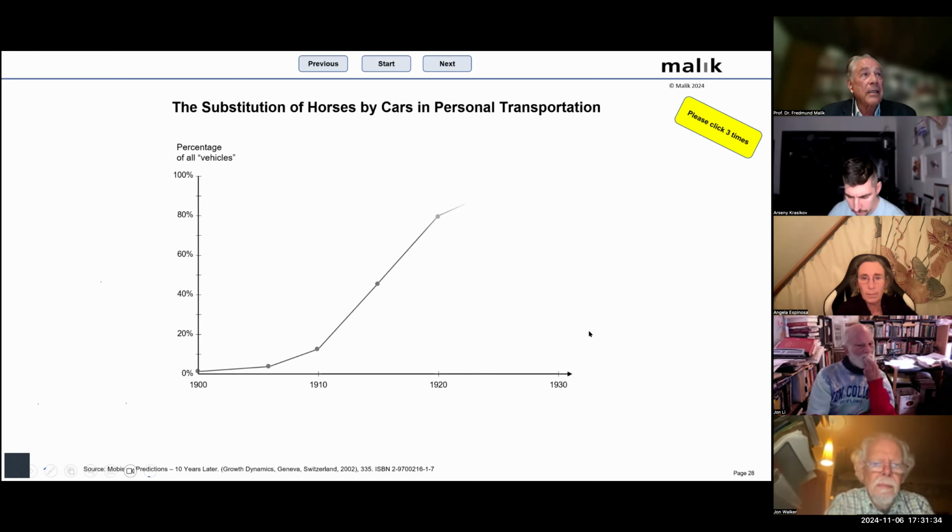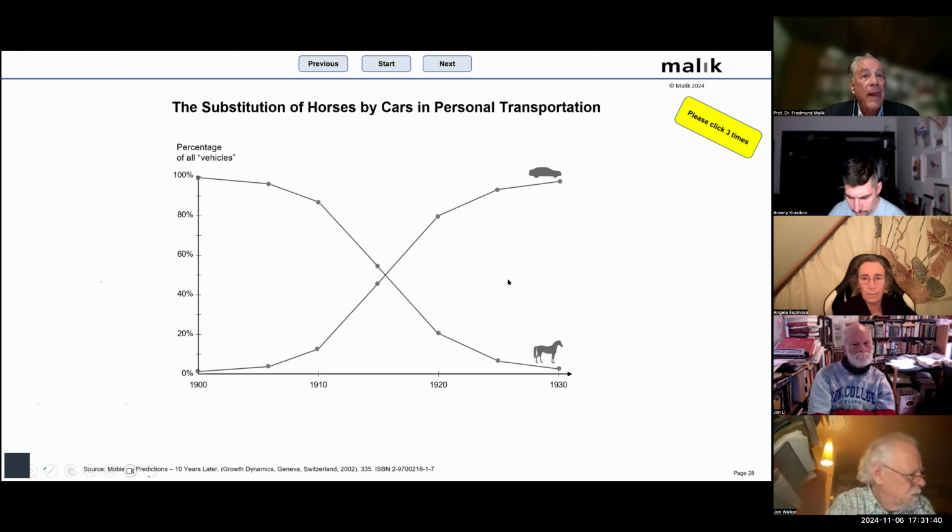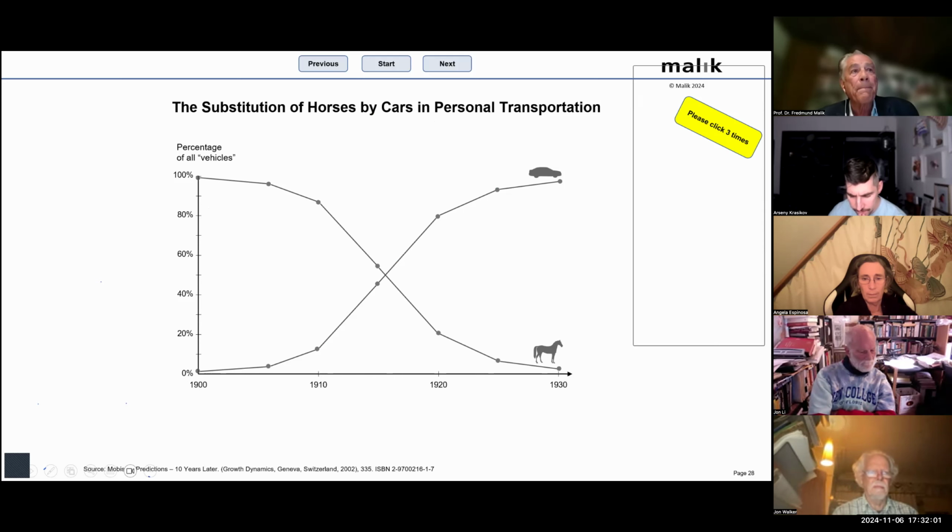Then the substitution of horses by cars in personal transportation. Percentage of all vehicles. So the horses go back from 1900 to 1930, and the car goes the other way from 1900 up to 1930.